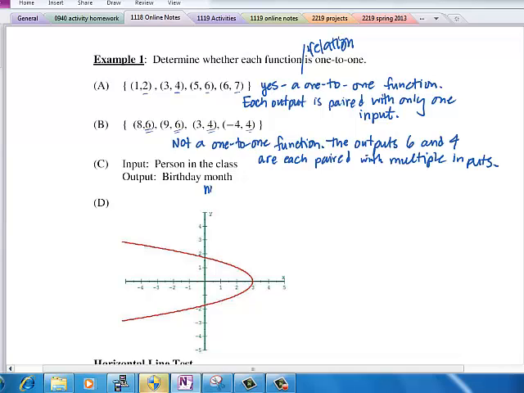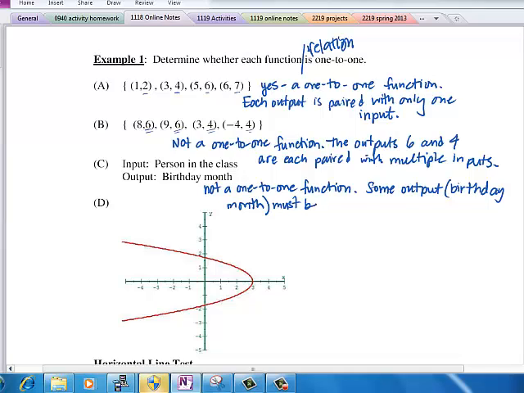So this would be not a one-to-one function. Some output, the birthday month, must be paired with more than one person.